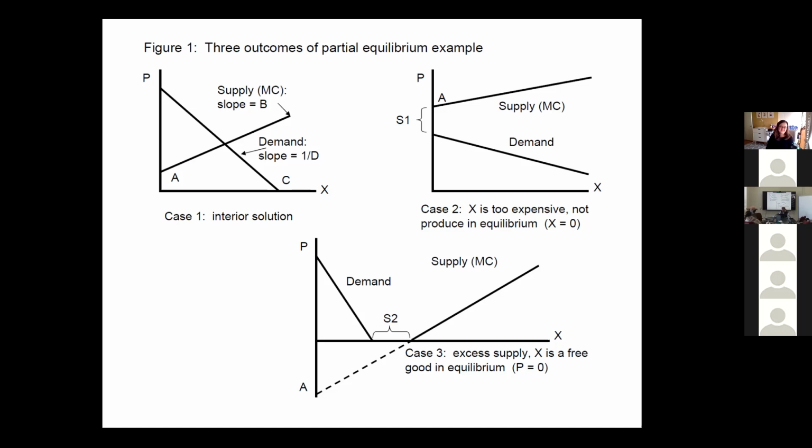Yeah, that's right. Okay. All right, so the third case is something that we don't run into as much, but there are cases, and I gave you an example of each. So the third case is where the demand curve, consumers get saturated. You don't want any more of this stuff, even if it's free. So the supply curve lies everywhere to the right of the demand curve. Again, we're constrained.